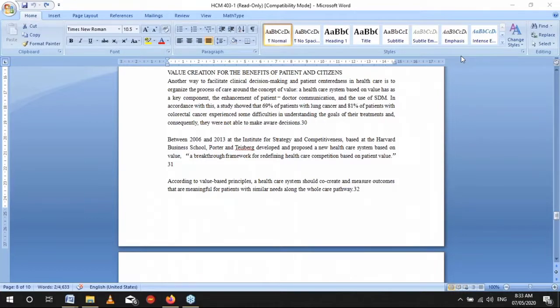Then stream to stream is the difference that occurs from one process stream to the next. Then time to time reflects the difference over time. Then piece to piece captures the variation across the products. That is all we talked about last week.